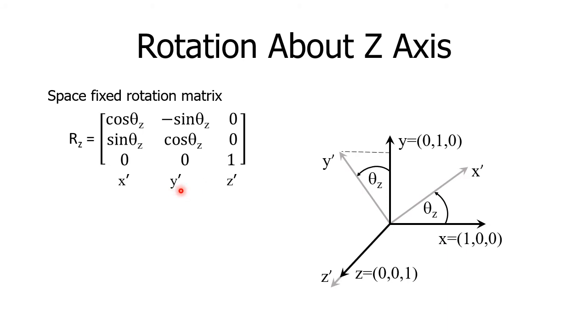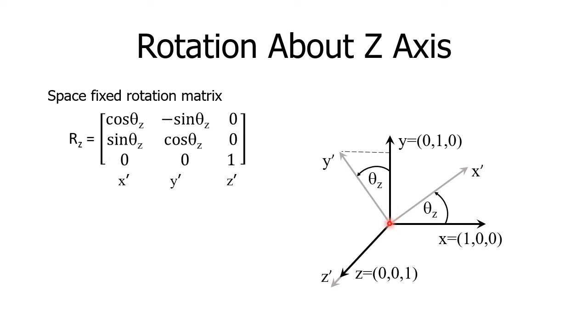The second column is the projection of y prime. So y prime is here. The projection on the x-axis, which is equal to here, but in the opposite direction. So it's a sine with a minus. The projection on y is here. That's equal to cosine.